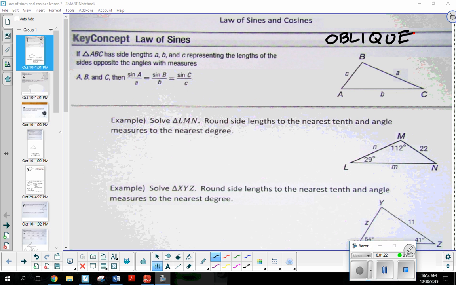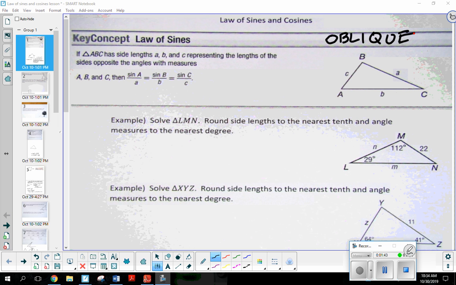When I say oblique triangle, we're talking about a triangle that does not have a right angle. So all three of your angles will either be acute, or you'll have two acute and one obtuse. But regardless, all three of the interior angles should give you a sum of 180.